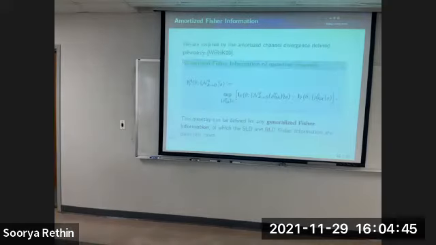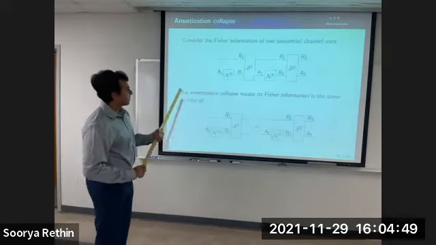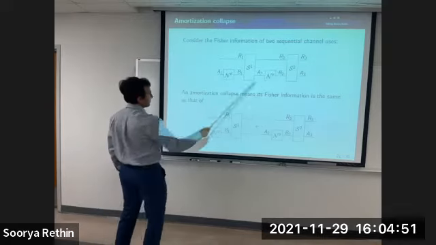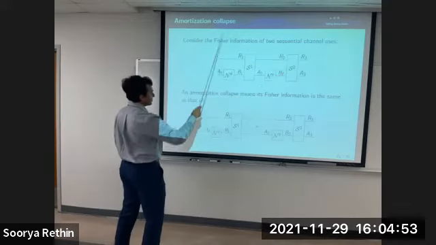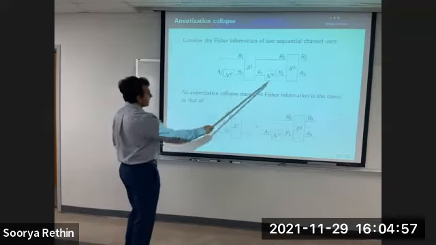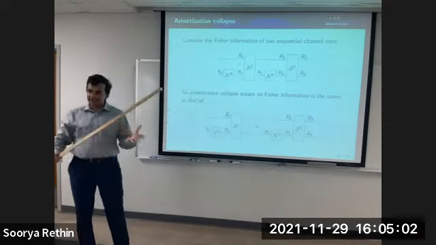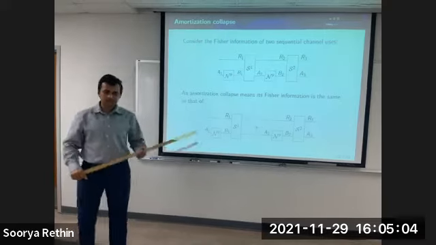And Surya is right. So what his question implies is that the Fisher information of this two-round protocol can be achieved by a sequential protocol, but it can also be achieved just as well by a parallel protocol.